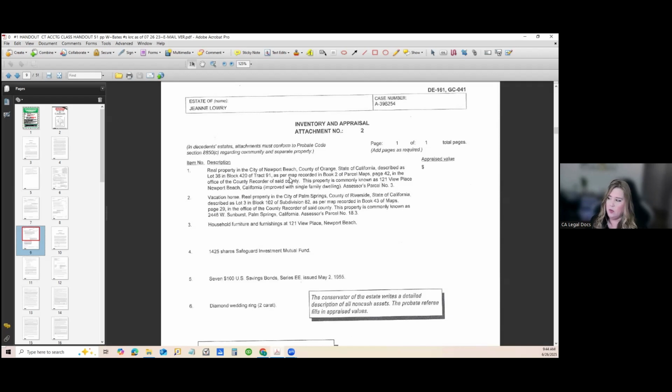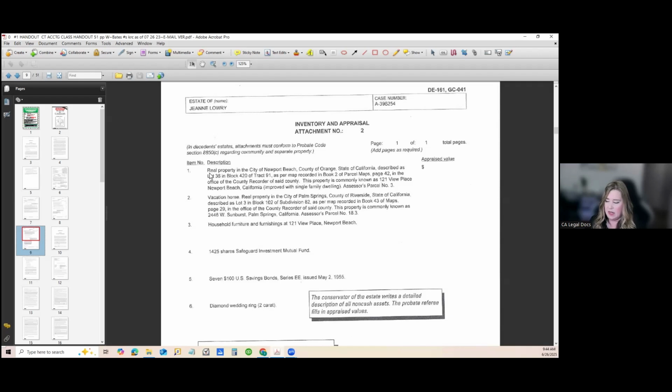A lot of people who are doing this pro per don't have that ability. They may want to gather it from a property tax statement or something like that. If you just don't have the legal description and that information, give as much information as you possibly can.